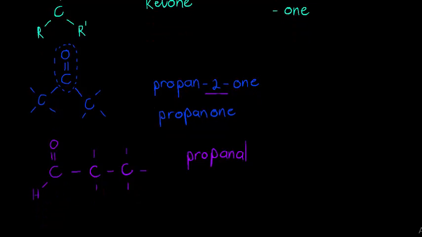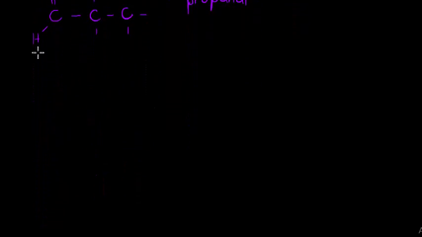The next one is carboxylic acid. Okay, carboxylic acid has a carbon double bonded to an oxygen, okay, bonded to a substituent, and on the other side we have an OH.